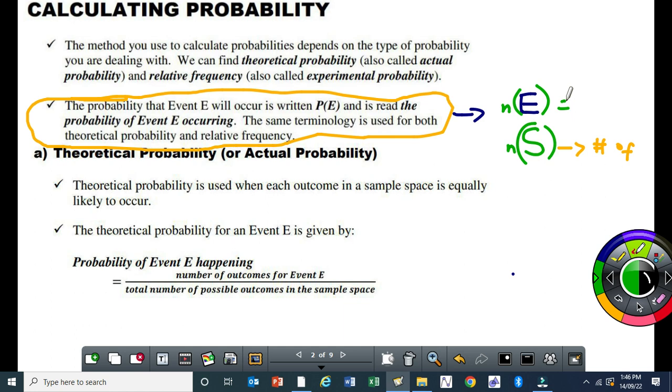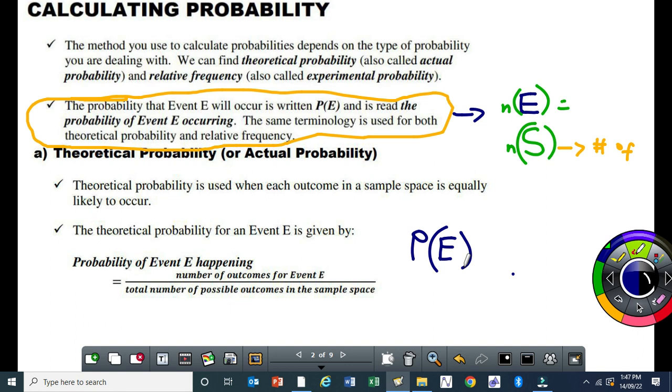Using probability notation, the probability is denoted by a capital letter P, then you put the event inside brackets, whichever event you are talking about. So our event is E there. If you're trying to get a tail or a head after tossing a coin, then you could say P(T) or P(H).